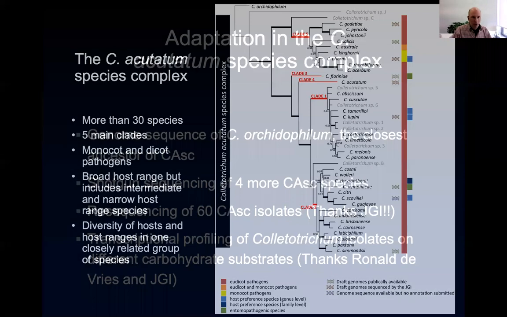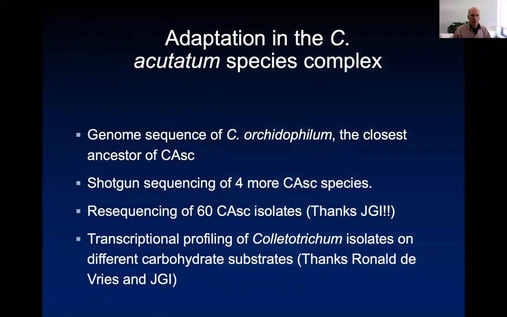So to arrive at that point, the first thing that we did, or that Ricardo did, was to sequence the genome of Colletotrichum orchidophyllum, which is the closest ancestor to the Acutatum species complex. We also, during this time, had been sequencing more Acutatum species complex species.